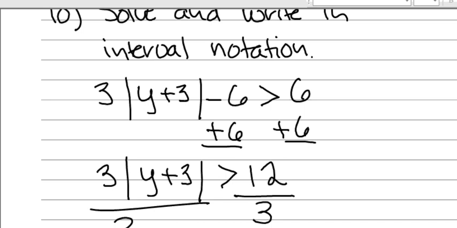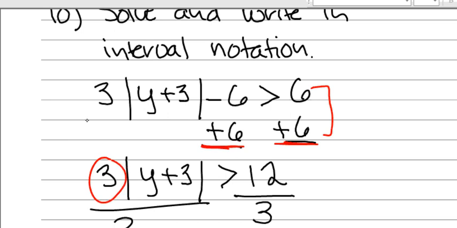So I want to get that absolute value alone on one side on the left. So I'm going to add 6 to both sides. And I'm going to get 3 times the absolute value of y plus 3 is greater than 12. Because 6 and 6 is 12.